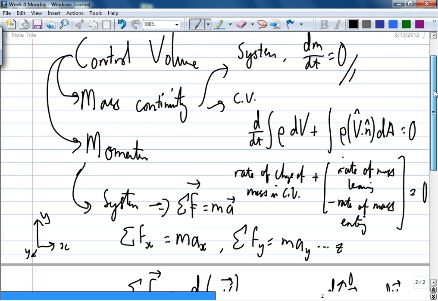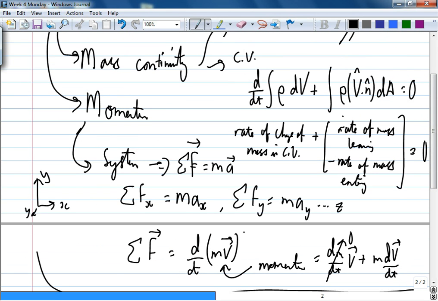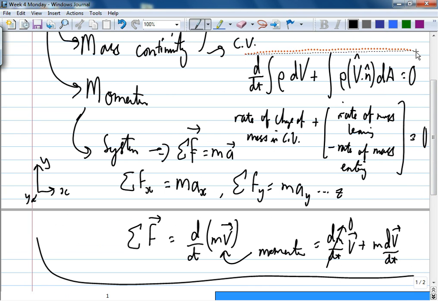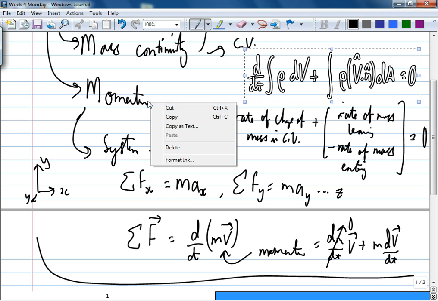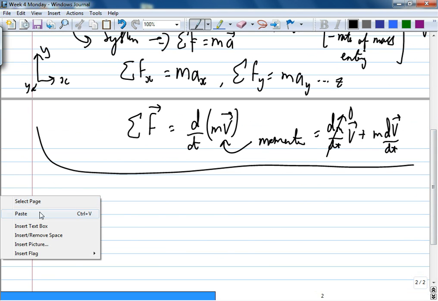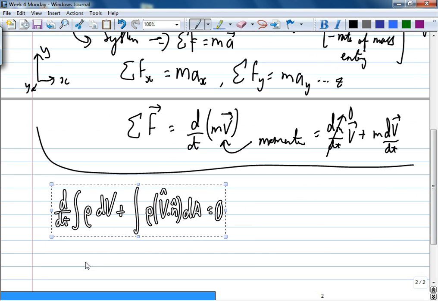Mass is just m, momentum is mv. So what happens if you just add a v? I copy this so that I don't make any mistakes, and paste it here.